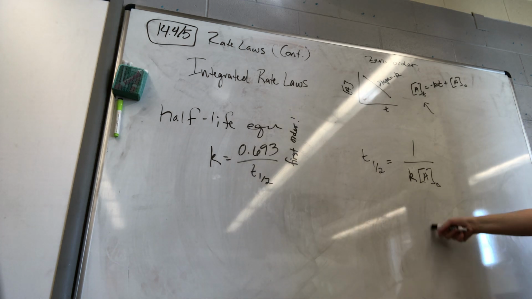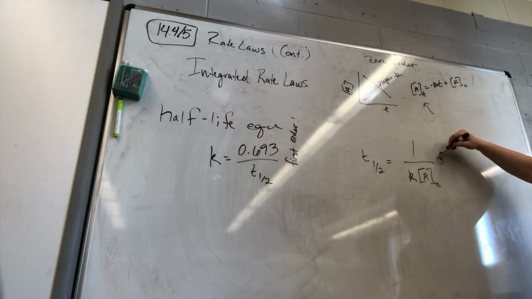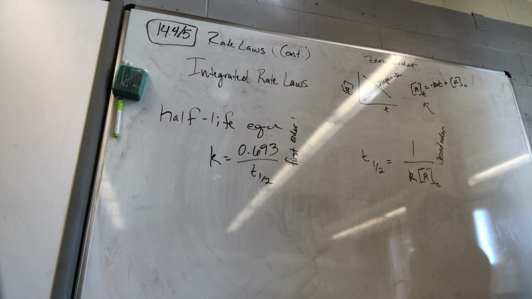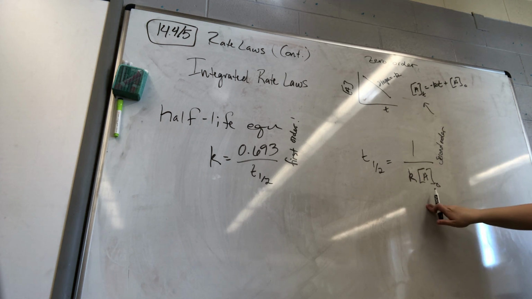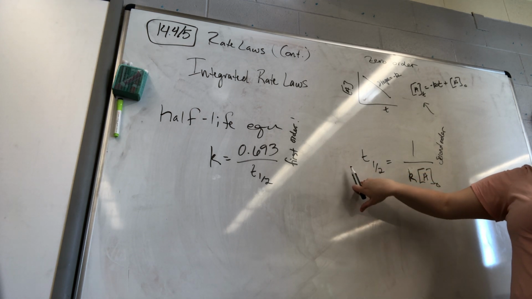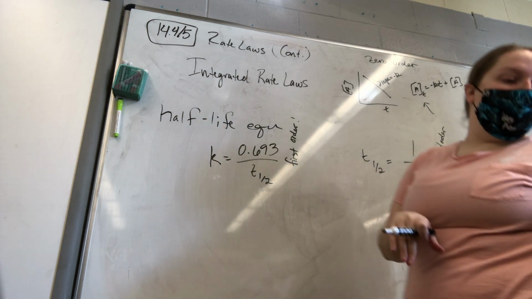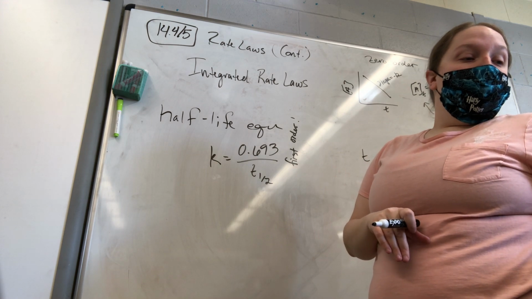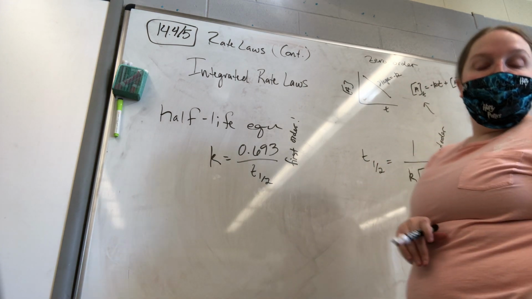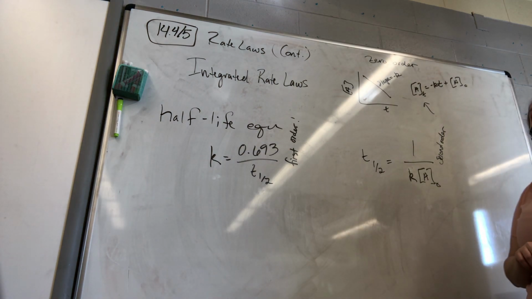So if you had something decaying by second order, then you would need to know the initial concentration you started with. And you would need to know the rate constant, or you would need to know the half-life. Right? Okay. Moving on. Temperature and the impact of different things on our kinetics.